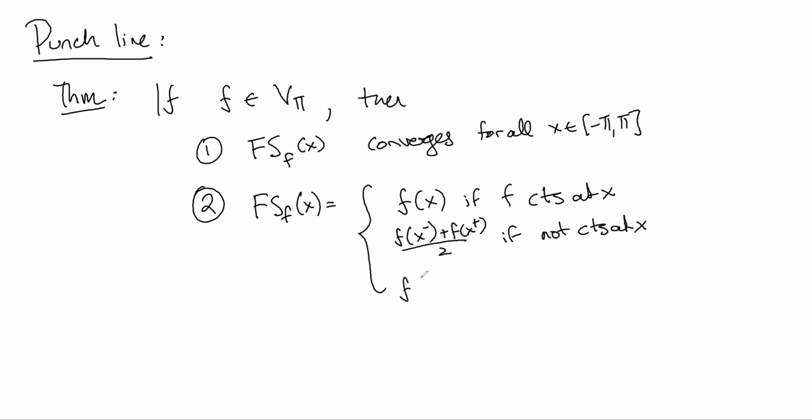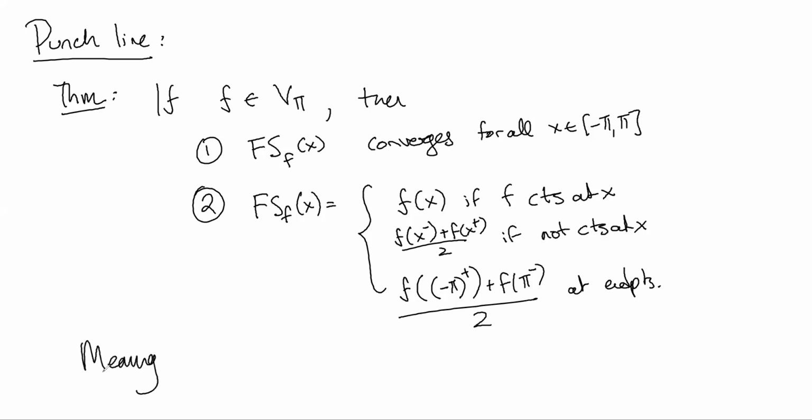So here it's the limit of the lower endpoint from above plus the upper endpoint from below at endpoints. Okay, so this is a deep theorem. We're not going to prove this theorem. But the meaning is that up to these little caveats at discontinuous points, which I'll call star, every function is actually equal to its Fourier series up to these caveats.